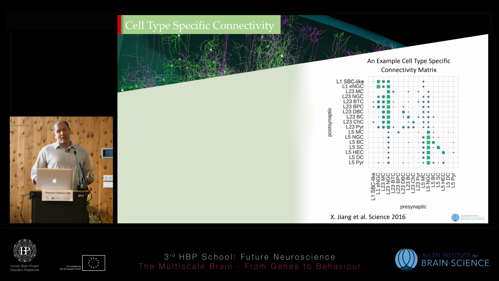Here at the Allen, we like to refer to these sorts of matrices as so-called W alpha beta matrices, where alpha and beta are indices representing the cell type, reflecting the modeling community's use of W_ij to represent how individual neurons are connected, but in this case reflecting how types of neurons are connected.